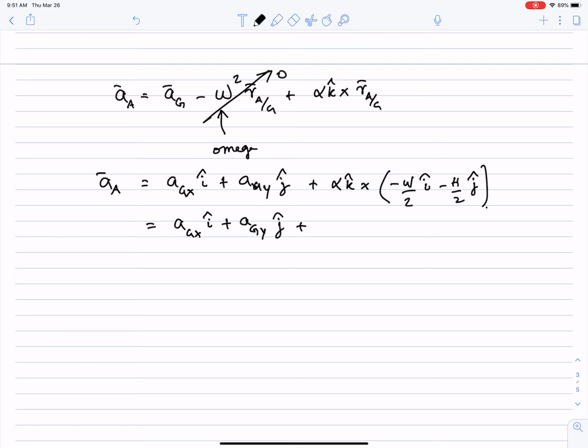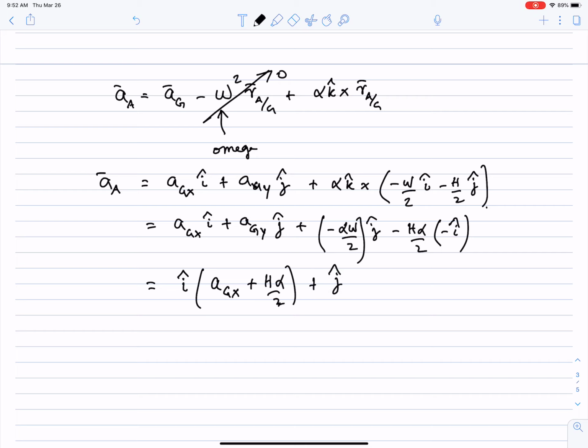Alpha K cross I is J, and we have minus alpha W by 2 J, and then K cross J is minus I, and we have minus H alpha over 2 I. Okay, so let's simplify that further. We can collect all the I terms. The I terms give you AGX plus H alpha by 2, and then the J terms give AGY minus alpha W over 2.